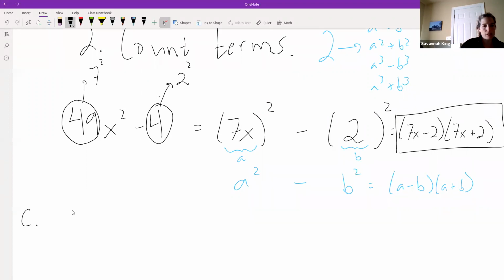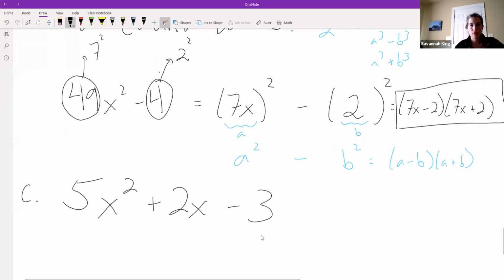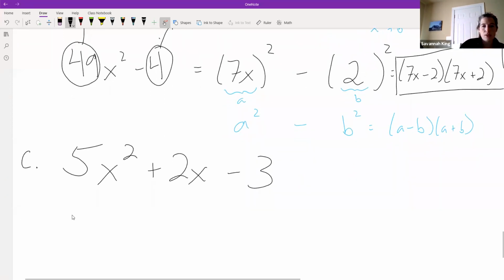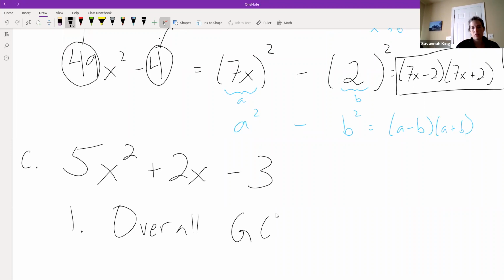Let me do part C here. Whoops, I'm about to do the same thing I did earlier and look at the wrong problem. So 5x squared plus 2x minus 3. Okay, so I see 3 terms, but before we worry about that, is there an overall GCF?